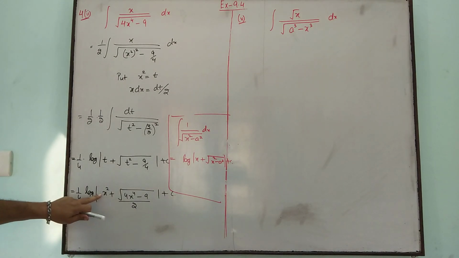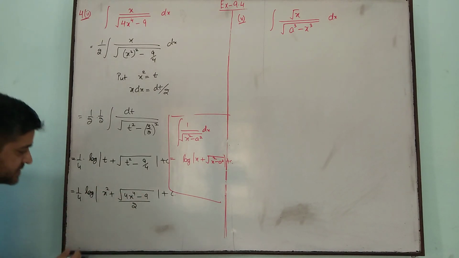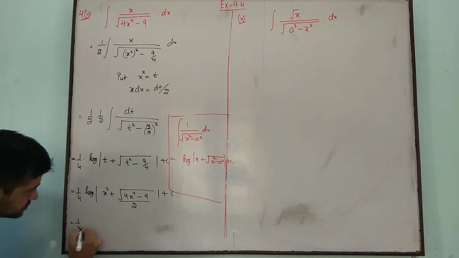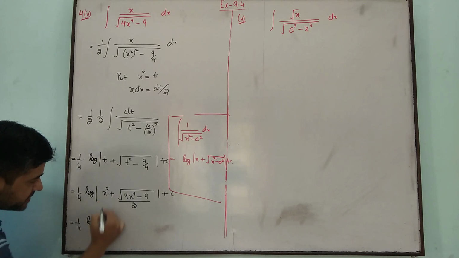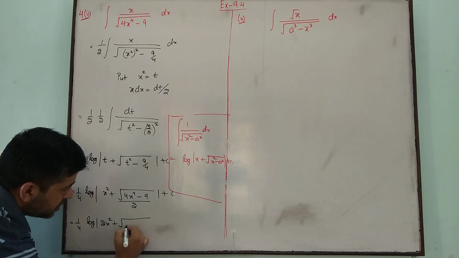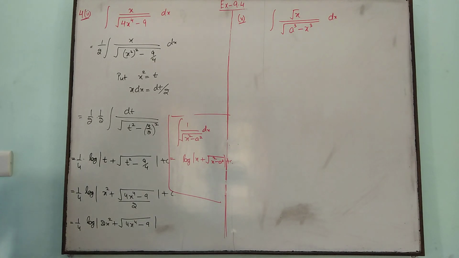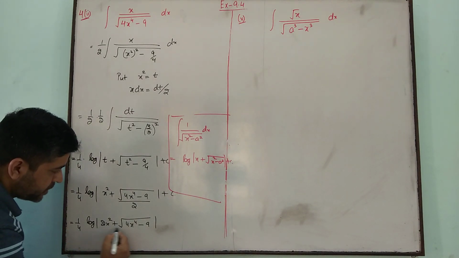This 2 we can write here after taking LCM. This also can be your answer, or you can simplify this also, that this will be 2x square plus the square root of 4x to the power 4 minus 9, upon whole divided by 2.